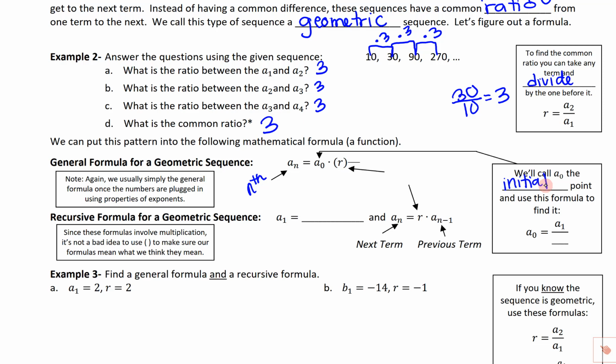Okay, and then the formula we use to get this is a1 divided by the ratio. So remember, we're going backwards a term from the first term because it's a sub 0, and so instead of multiplying, we're dividing. We're doing the opposite of it, just like we did with the other type of sequence. So that's how we find a sub 0, times r, and then to the nth power. So r is our common ratio. It's what we're multiplying by here.